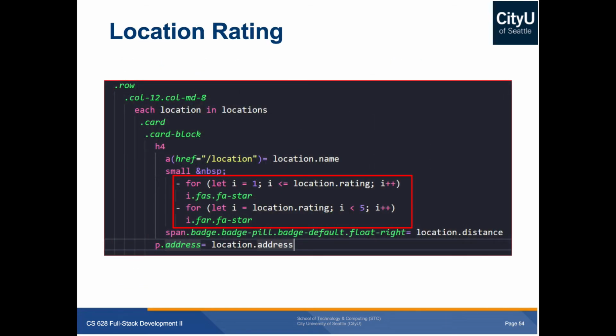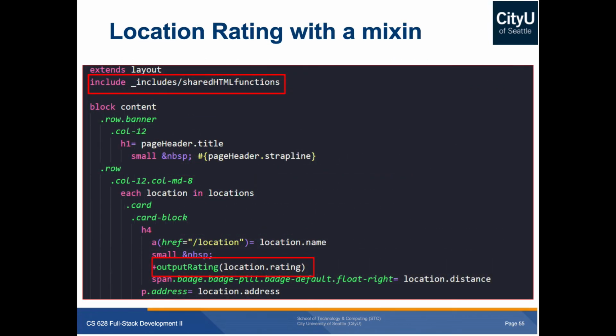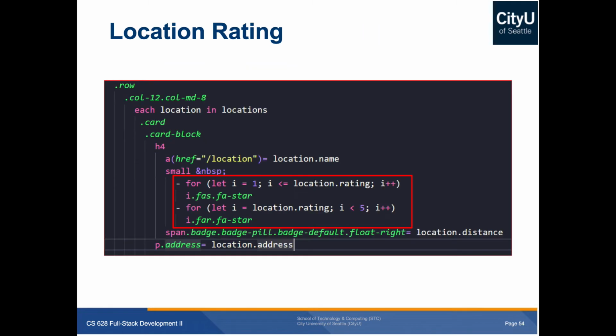Location rating, revisiting this one. Now if we put that there, and maybe call it output rating, then we can use the mixin named output rating and pass the same variable, the location.rating.